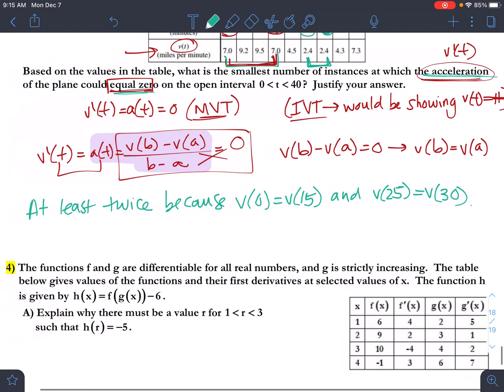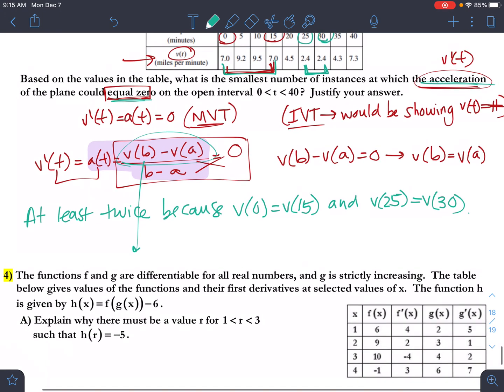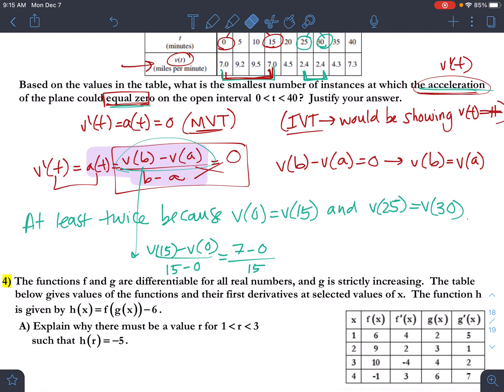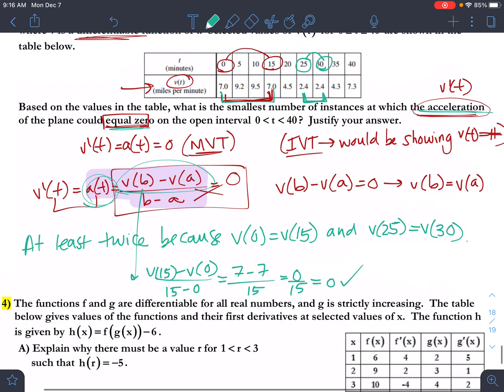Again, what you're doing here is thinking if you plugged in v of 15, I'll show you really quickly on this one, over 15 minus 0, that would be 7 minus 7 over 15, which is 0 over 15, which is 0, which satisfies acceleration being equal to 0. So that's why we tried to figure out when are times that the velocity would be the same.